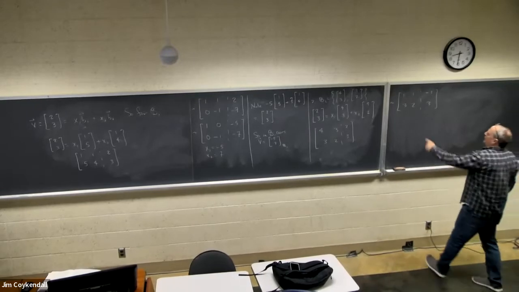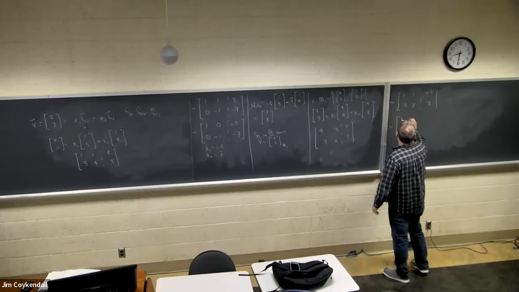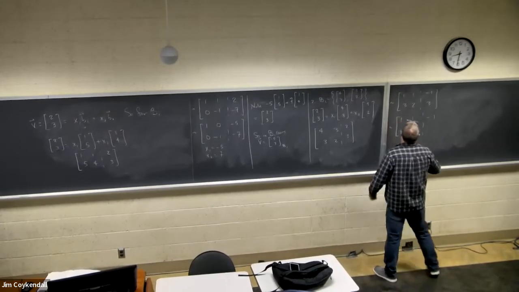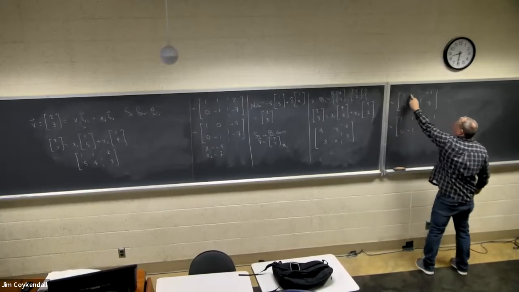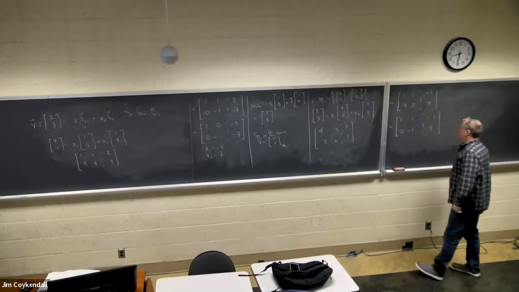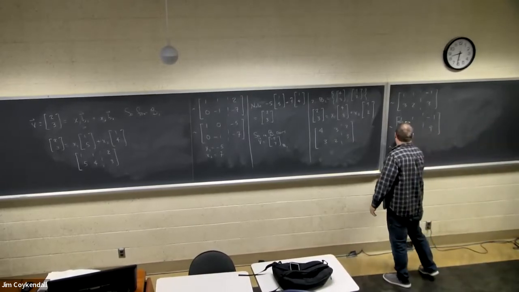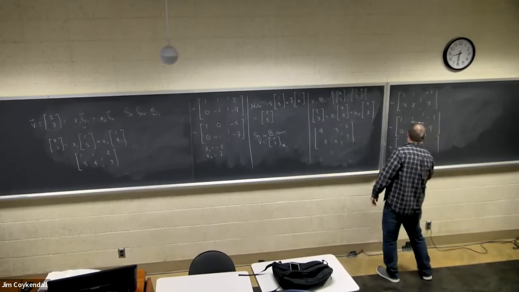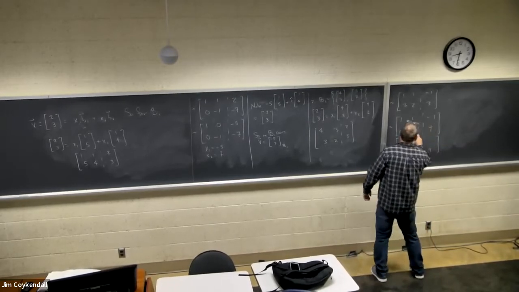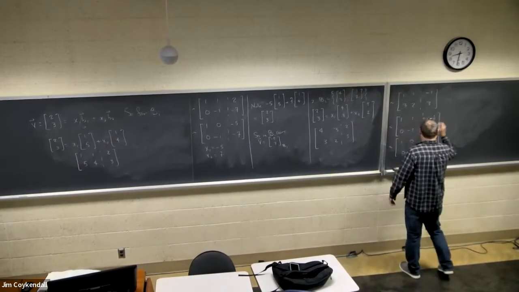And now I can use this to take out the bottom. 1, 1, minus 1, 0, minus 1, multiply by 3, that's going to be 9. And I'll do one more step. I'll leave the bottom alone. Just add up here.